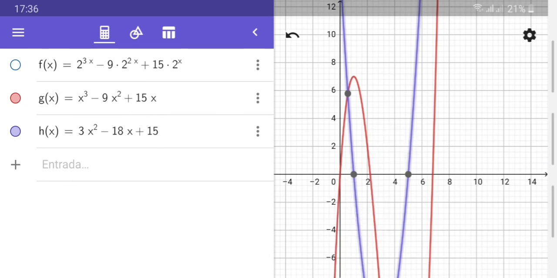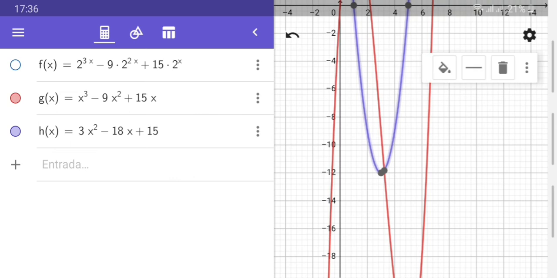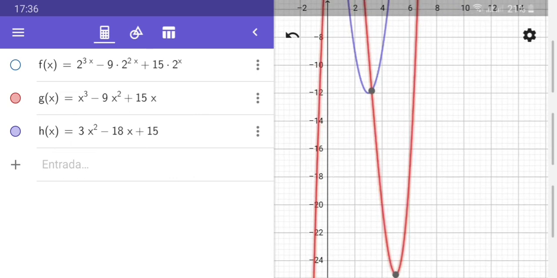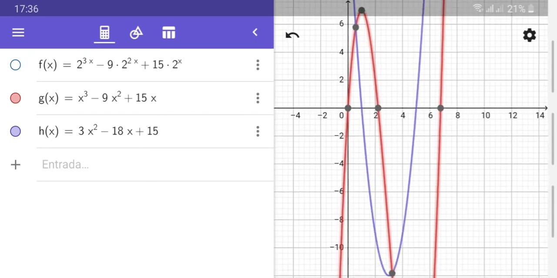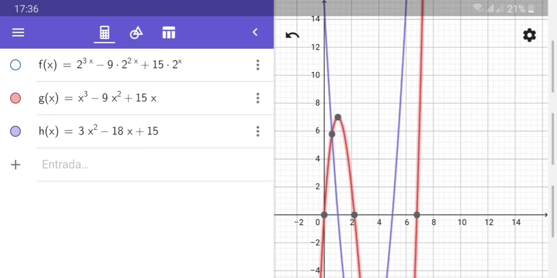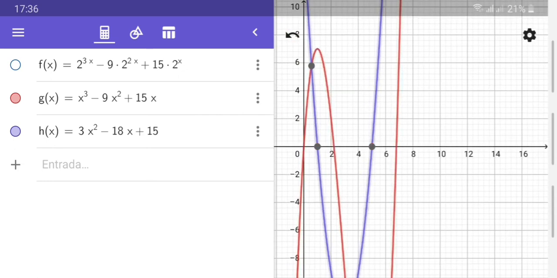Look, the purple in the x of 1 is cutting the x-axis, and here it's cutting again. And what do we have down here in the 5? We have a minimum point. So when the derivative function was equal to zero, we had minimum and maximum points.